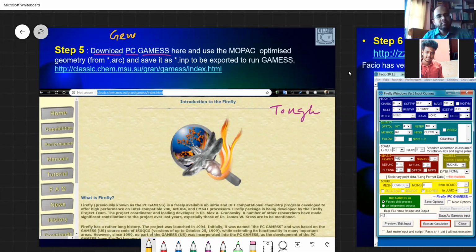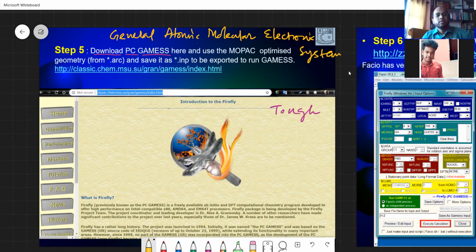General Atomic and Molecular Electronic System is what stands for GAMES.